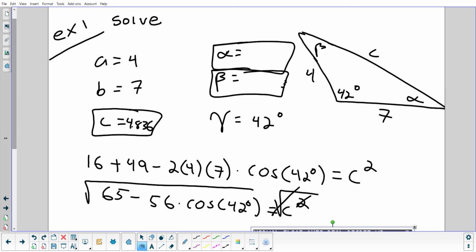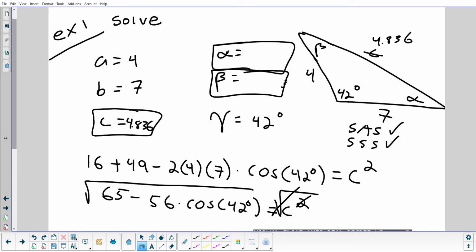Just labeling the information I was given originally, you can see it was side angle side. But now you know C, 4.836. Besides being side angle side, that's what it was originally, what other kind of triangle is it now? Yep. Side, side, side. It's side, side, side, which would still fall under a law of cosines problem.